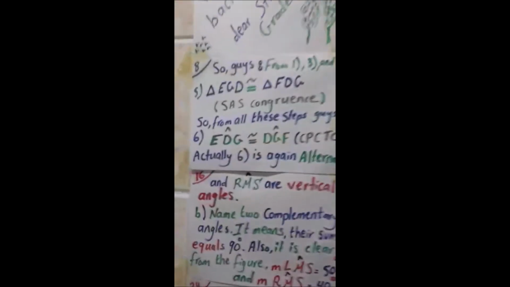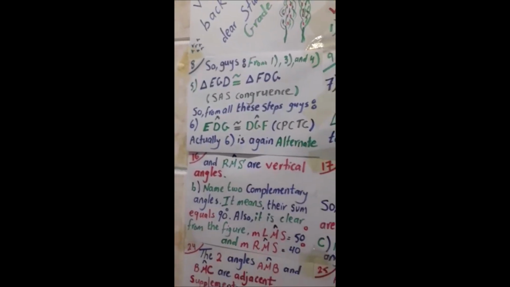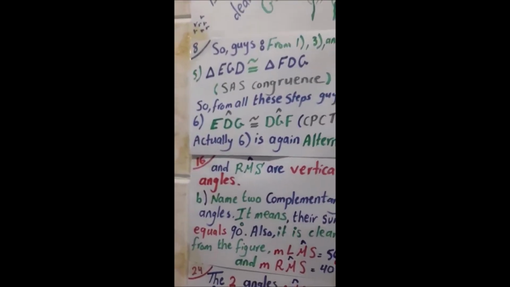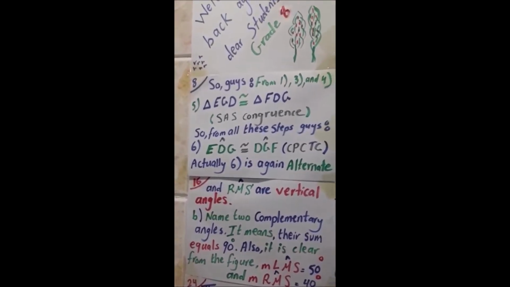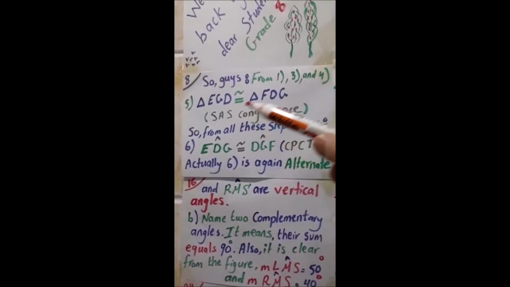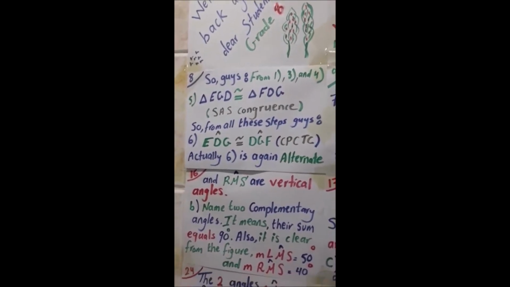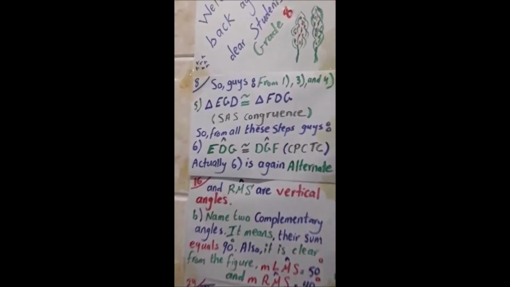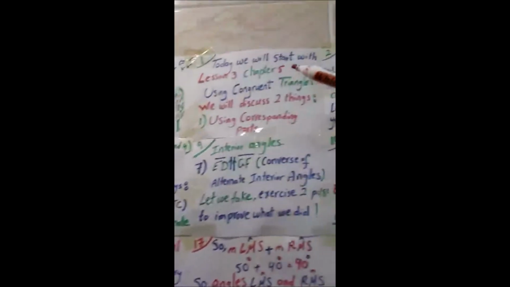So from all of this, guys, after we prove that triangles EGD and FDG are congruent by side angle side, we can use what we call corresponding parts in two congruent triangles are congruent.